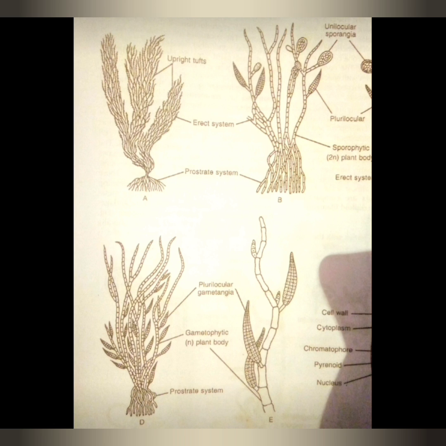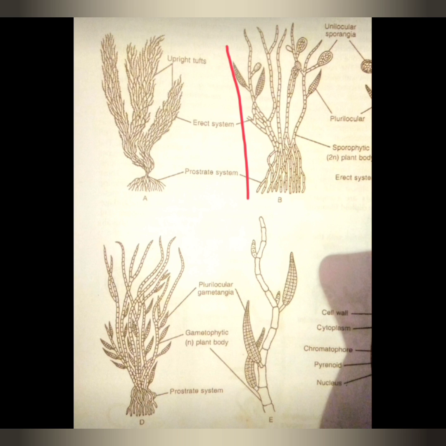So these two are alike morphologically, but the only difference is that the 2n diploid filaments are much longer in length, whereas the haploid filaments are usually much shorter.